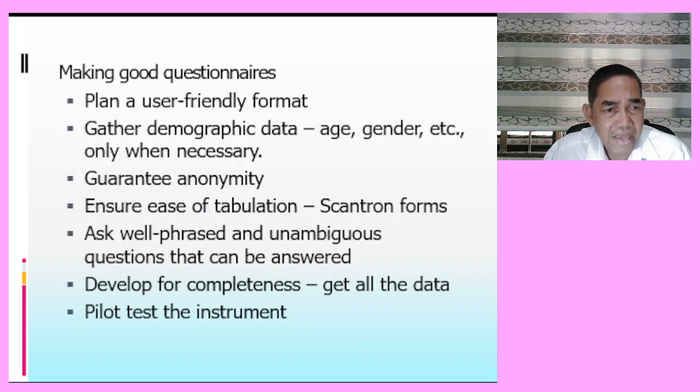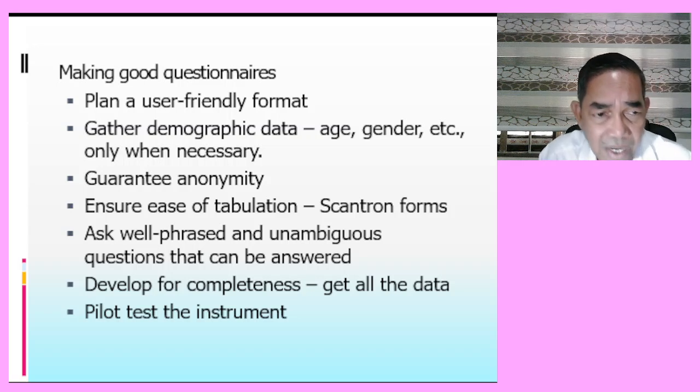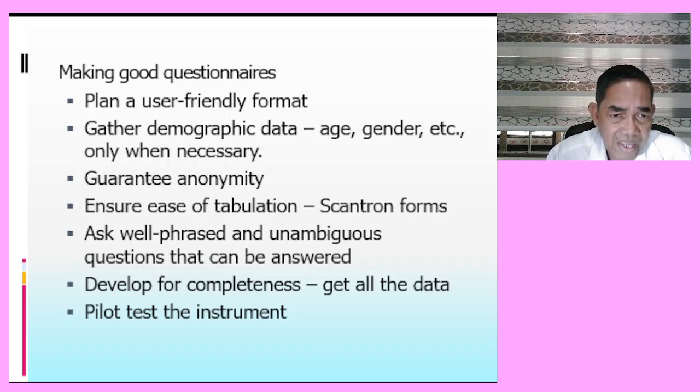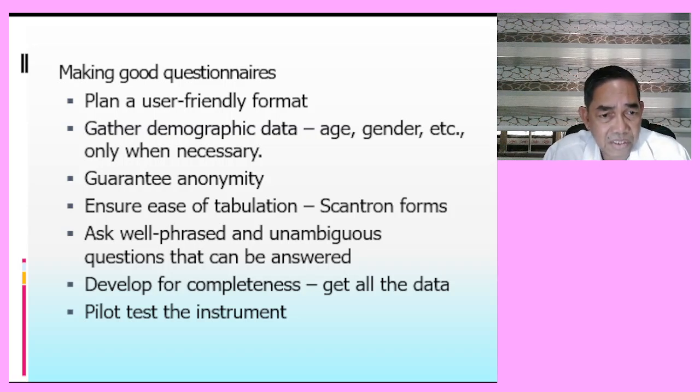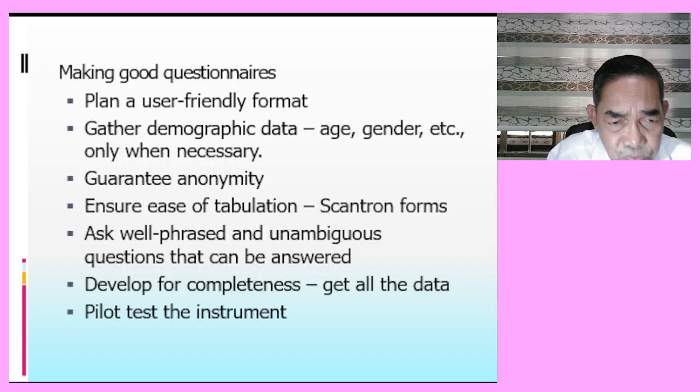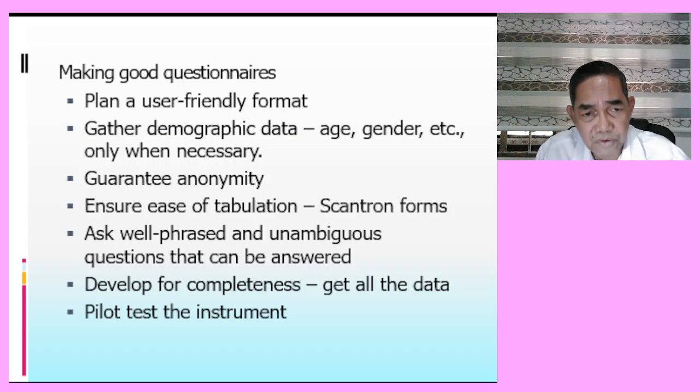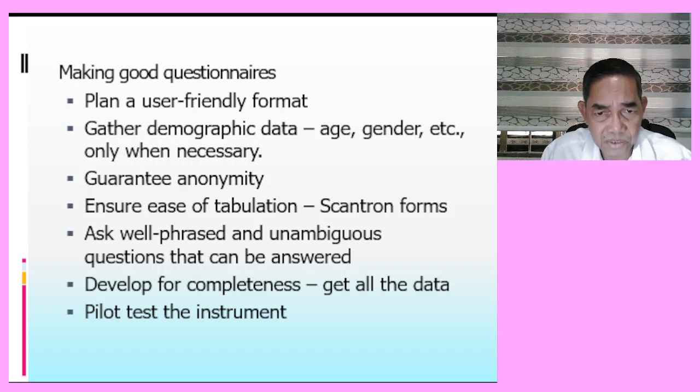Now, making good questionnaires, you need to plan a user-friendly format. The format should be user-friendly, easy to understand. You gather demographic data like age, sex, etc. only when necessary, because you need to guarantee anonymity of the respondents. You ensure ease in the tabulation by using the Scantron forms, but of course now the Google form is more popular.